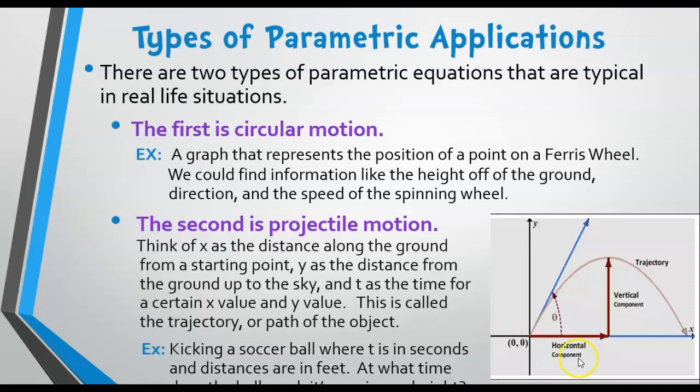So the horizontal distance and the vertical distance are in feet, and the time on the curve is in seconds. So we could actually find at what time the ball reaches its maximum height, instead of like we did in Algebra 2, where it is when the ball is here, what is the maximum height. So we can actually find the time that it takes for that to occur. So that's kind of cool.